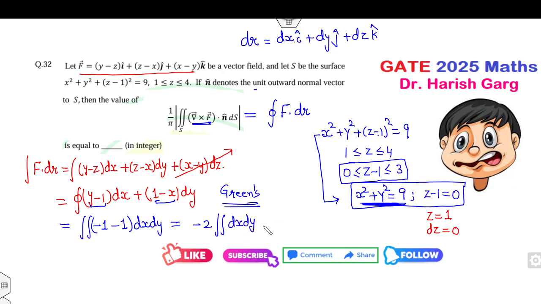Can you find the double integration of dx into dy? That's the area of the circle. What is the area of the circle? Pi r square. So the answer is minus 18 pi. If you substitute the value, pi will be cancelled. Minus, absolute value, 18 is the right answer of the problem.